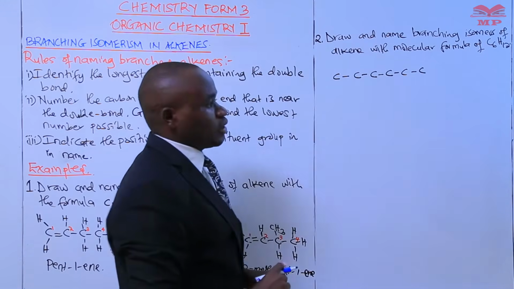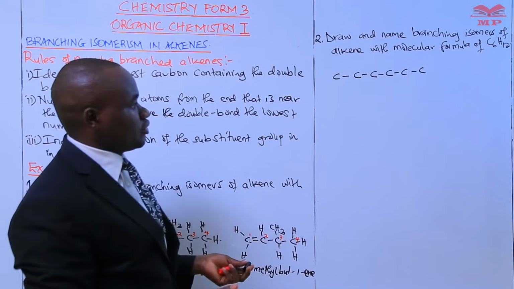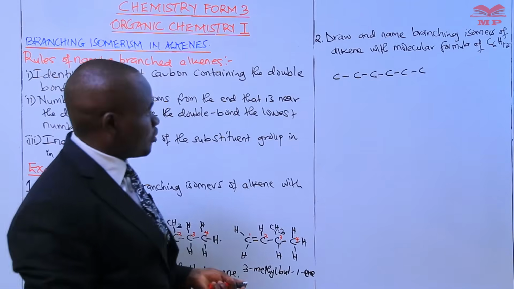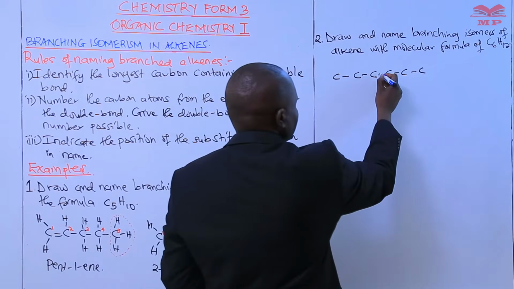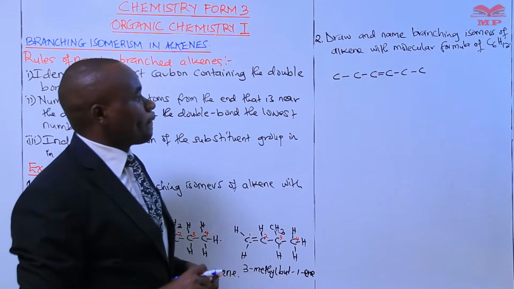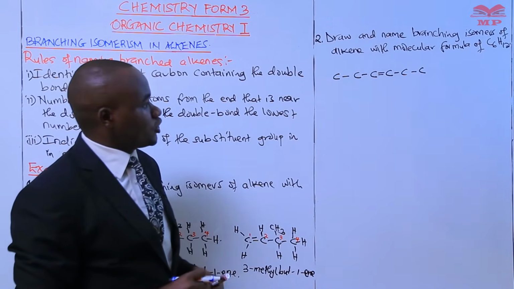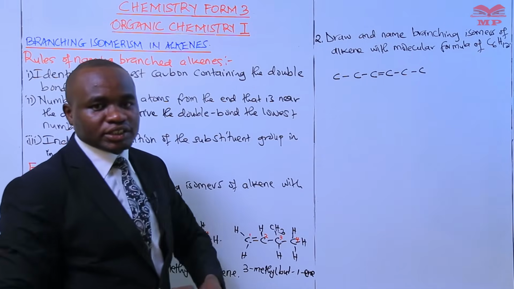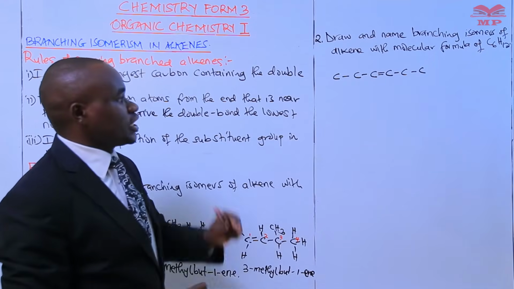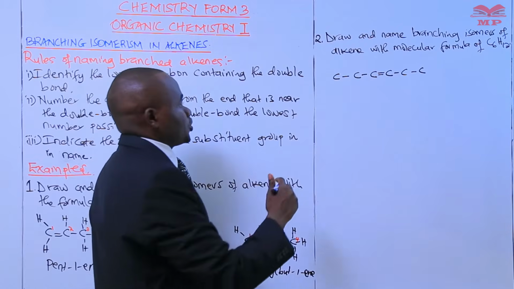And then you fix a double bond anywhere. It can be on your right or your left or in the middle. So let's try and put the double bond in the middle there. And then you complete with hydrogen atoms, bearing in mind that each carbon atom should be bonded to 4 atoms.